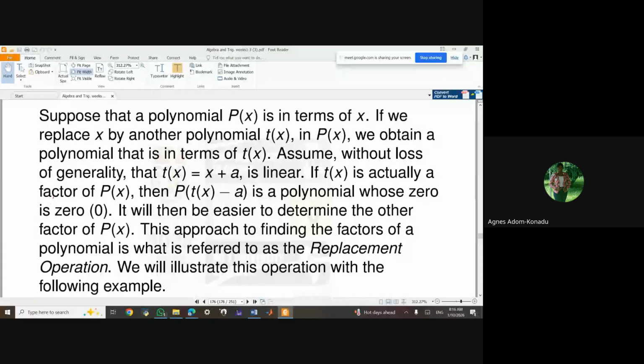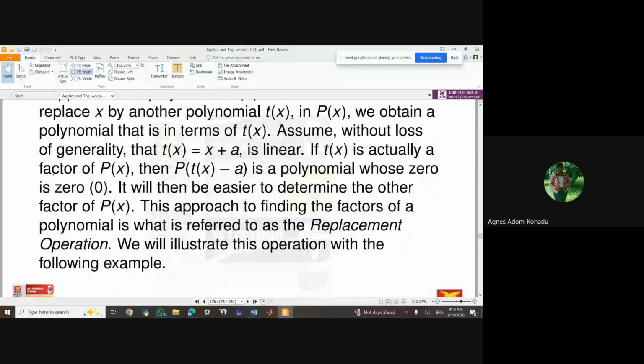If T of x is actually a factor of P of x, then P of T minus a is a polynomial whose 0 is 0. It will then be easier to determine the other factors of the polynomial. This approach of finding the factors of a polynomial is what is referred to as the replacement operation.